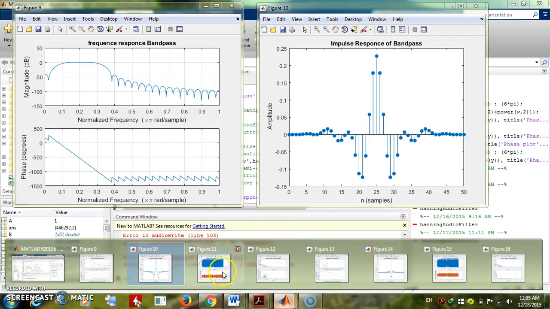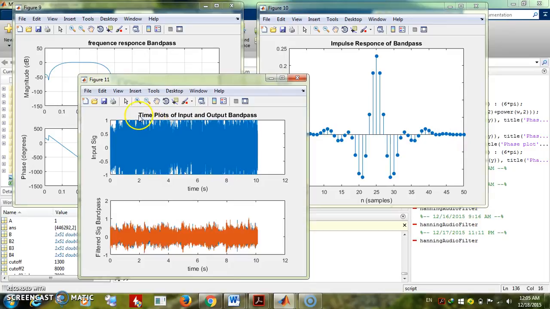So we proceed to the next graph, the time plot of input and output bandpass frequency. This is the input signal for the top graph, and this is the filtered signal for the bottom graph.